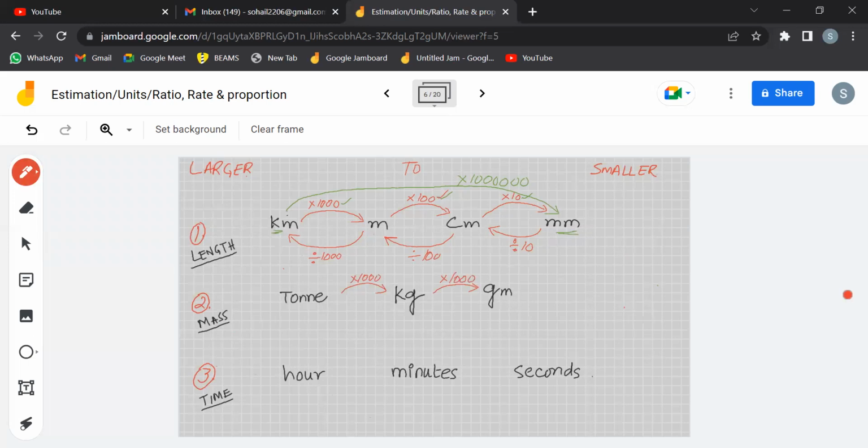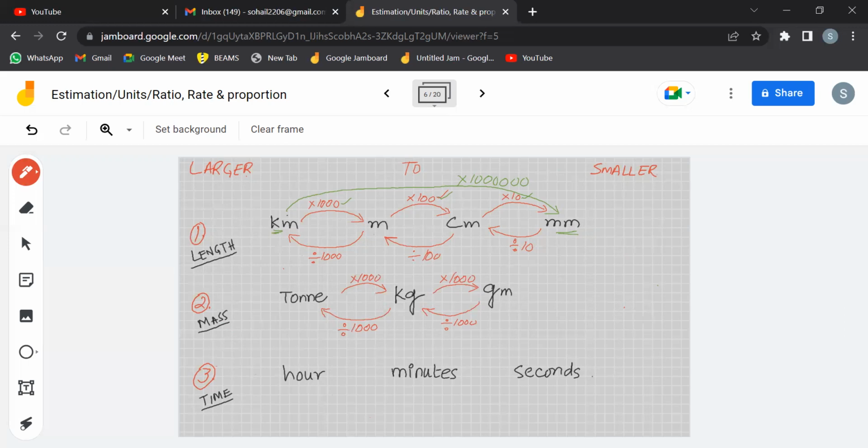And from grams to kg, we divide by 1000, and from kg to ton, you divide by 1000. Again, you can jump from ton to gram directly. Simply count the number of zeros which are written down, and then you can directly move from one unit to the other unit.